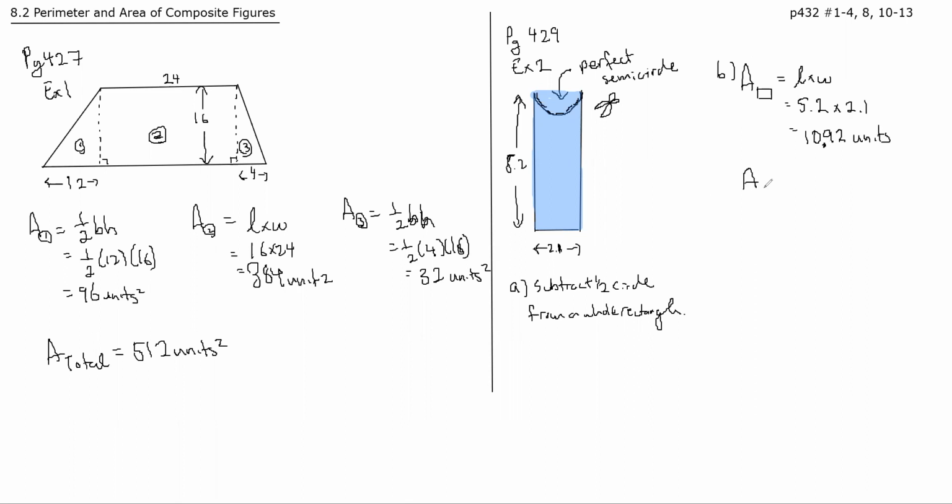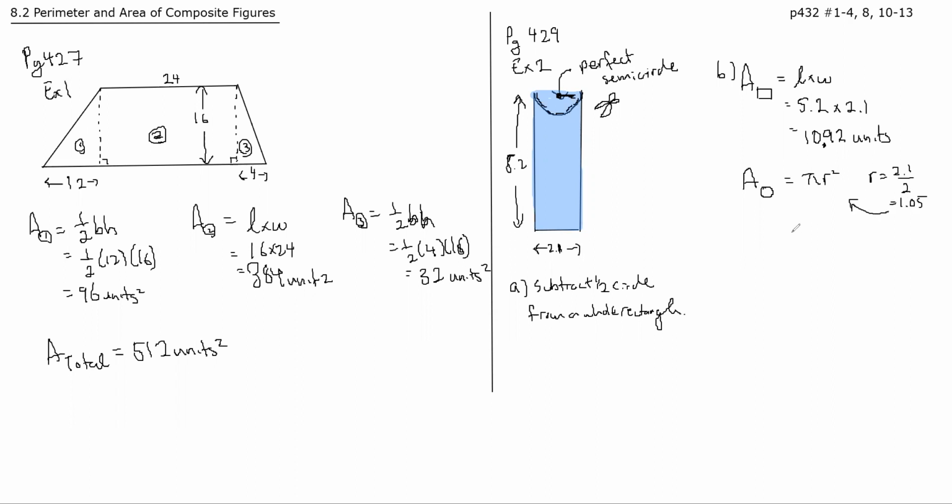What is the area of the entire circle? Well, it would be pi r squared. Ooh, I need the radius if I want the area. Luckily, we have the width to be 2.1. So if I take 2.1 divided by 2, the radius is 1.05.